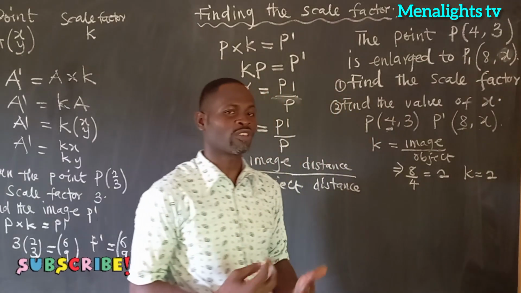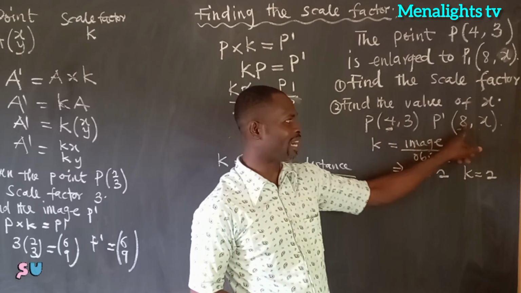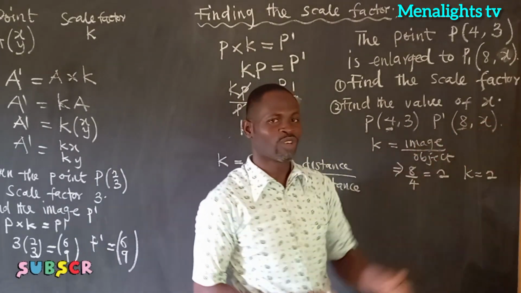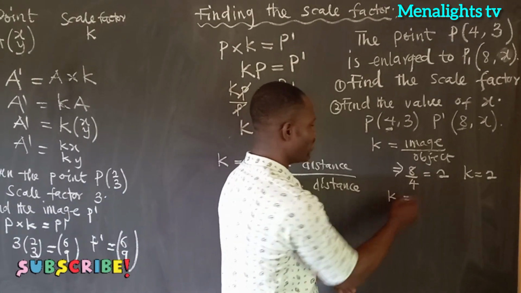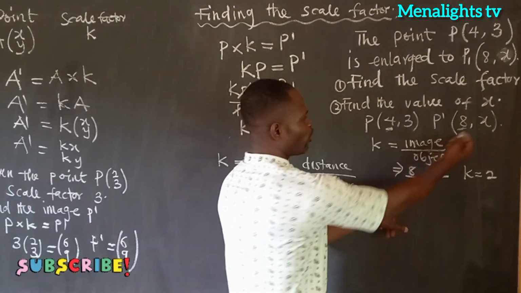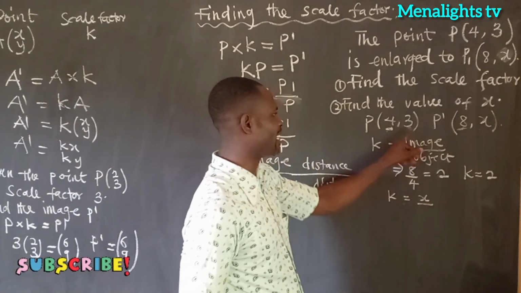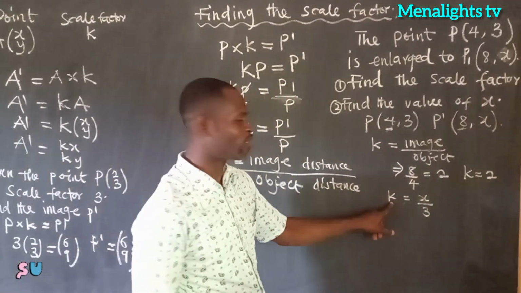So if K is equal to 2, it means that 2 times 4 is giving us 8. So what will be the value of x? We know that K, the scale factor, is equal to the image over the object. So the image here is x over the object, which is 3. The K given to us is 2.